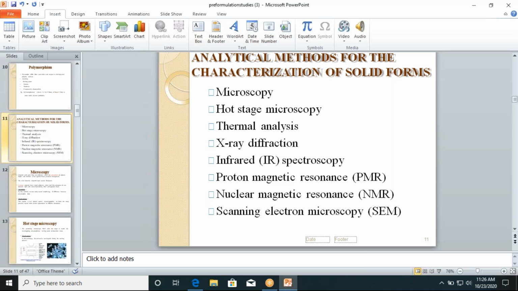These are the methods generally used to determine whether the polymorph you have selected is stable or not. We will study in later slides how this is carried out.